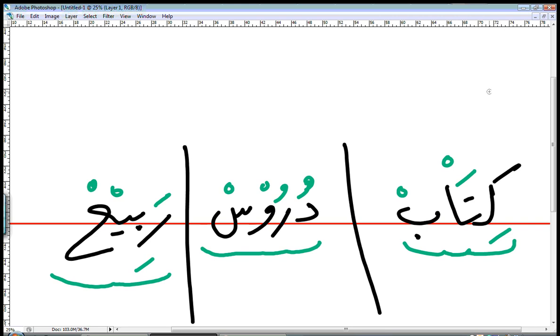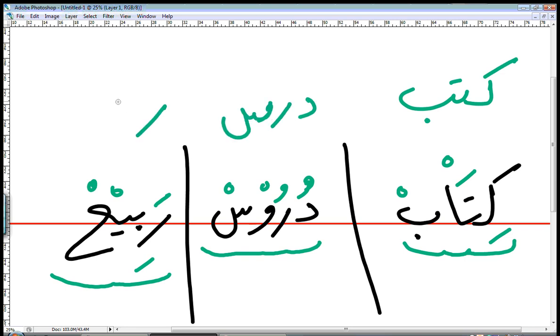Let's try to do this. I'm going to write this again, but without the stretching letter, and I'll compare the pronunciation. So the first one is kitab. Normally, if I don't have that alif here, it would be kitab.